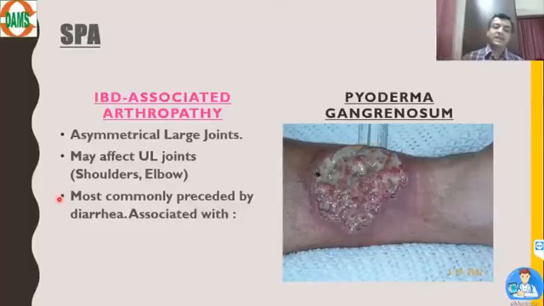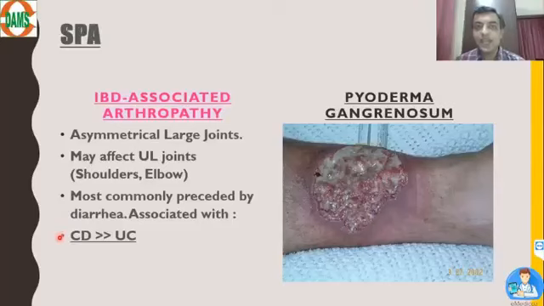This is the change in 20th edition Harrison: IBD associated arthritis is more common with Crohn's disease than ulcerative colitis.